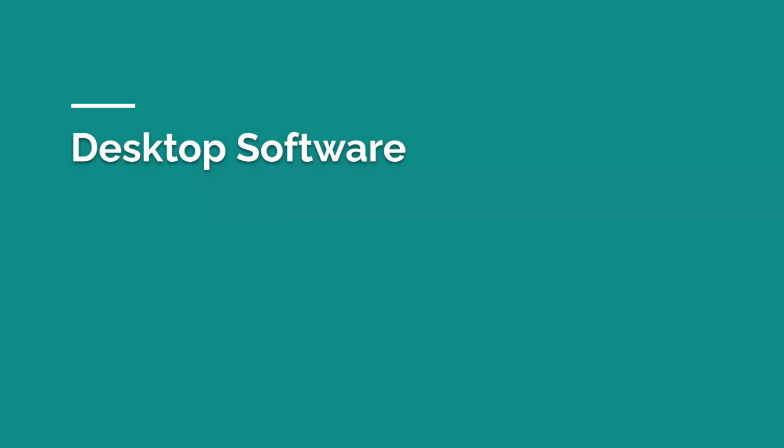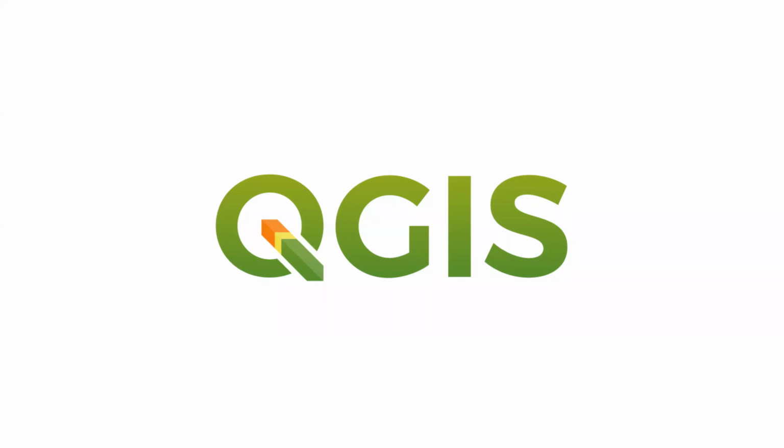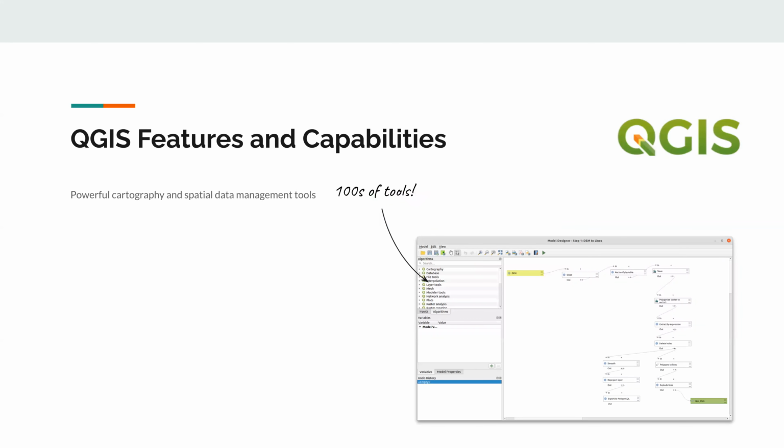So what do we use? Well, for desktop software, I'm sure we can all guess that QGIS is our starting point when we're loading everything up into the system. When we want to connect, QGIS has amazing features, powerful cartography and spatial data management tools. The processing framework has hundreds and hundreds of tools.